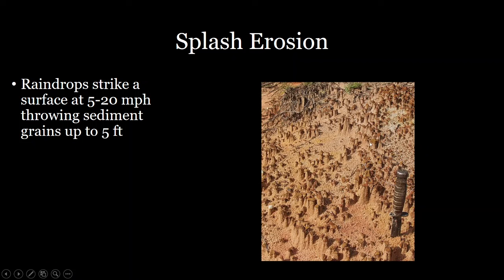These little tiny pillars are where you had pebbles that shielded the ground from the rain, and so it didn't get eroded. If this was a landscape that had a flow of water over it, then these little pillars would be eroded away as well. But the fact that it was splash erosion occurring made these little pillars survive.